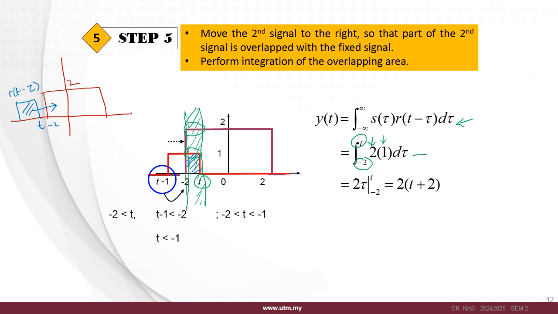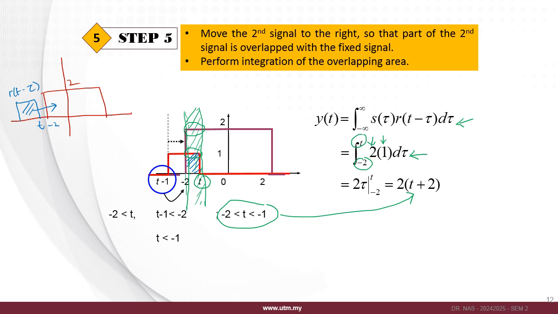So then you perform the integration. At this range of t, the output is 2t plus 2. How do you get this range?